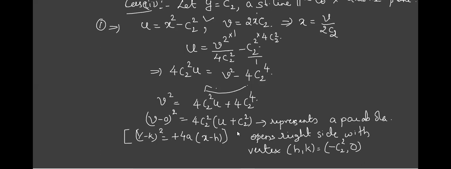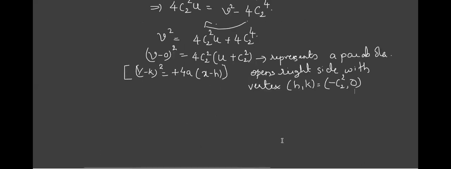0. So if I want to draw this in the W plane, where should I take the point? Minus C2 square, comma 0, on the U axis, because your U coordinate is negative and V coordinate is 0.